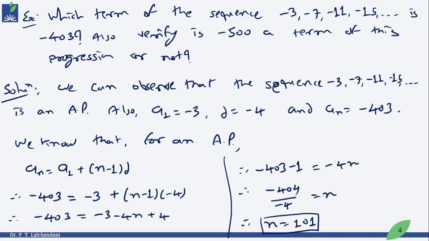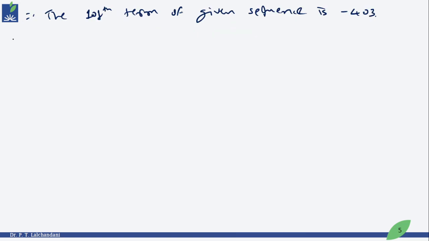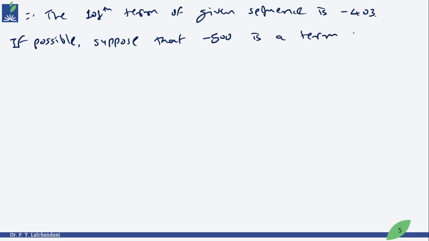Now let us solve the second part. Also verify, is minus 500 a term of this progression or not. So let us see how to solve. If possible, suppose that minus 500 is a term of the given arithmetic progression.